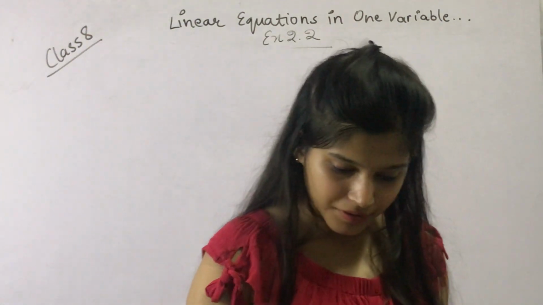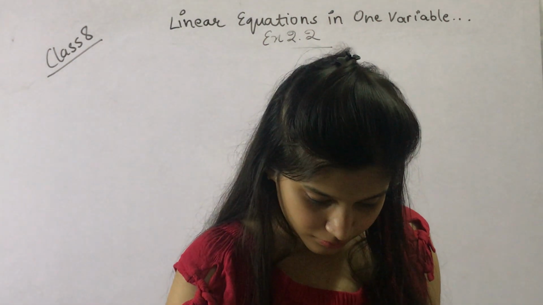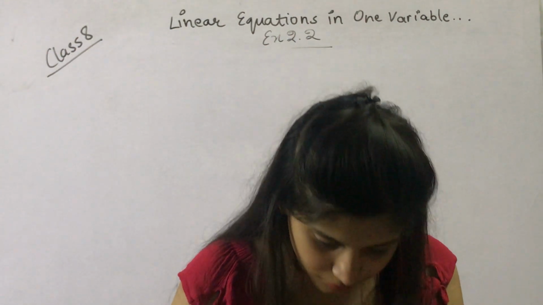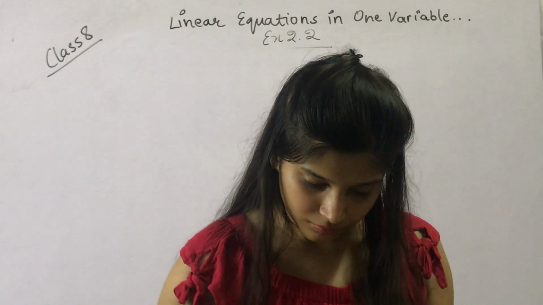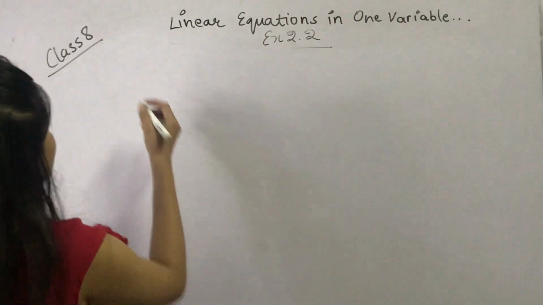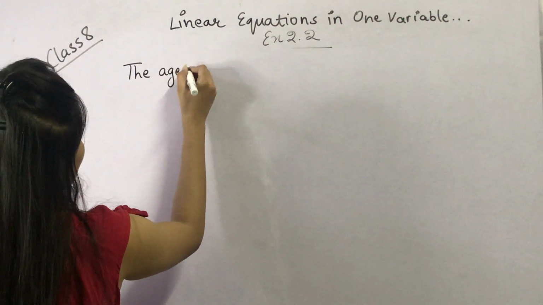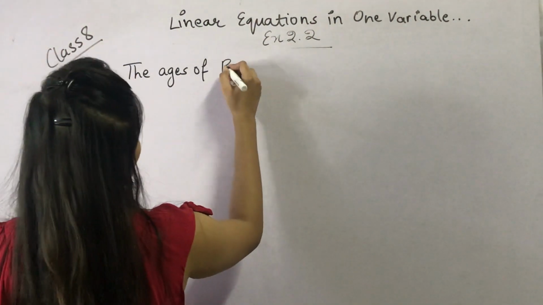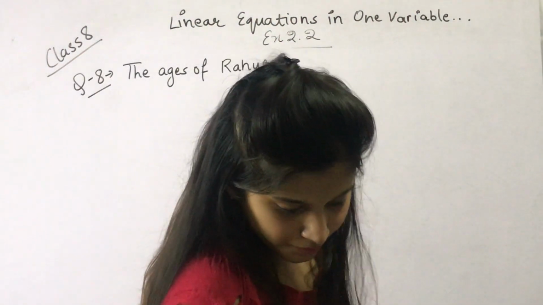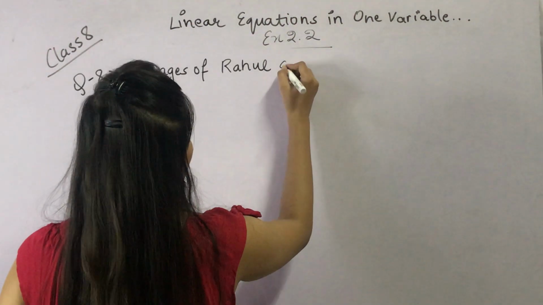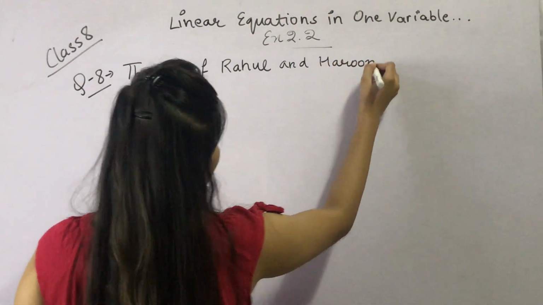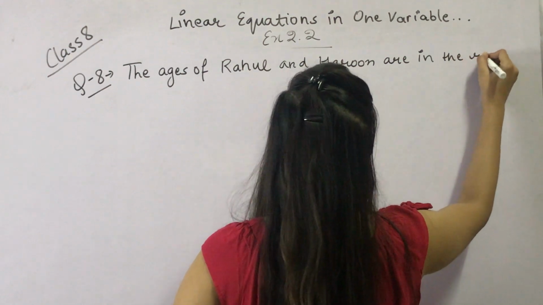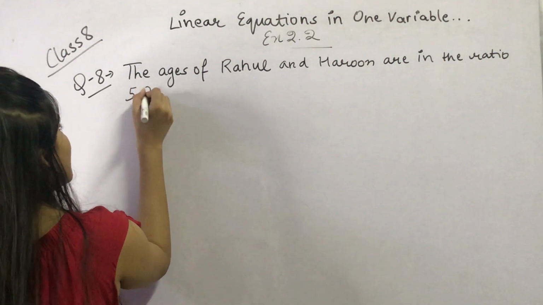Now children, question number 8. The ages of Rahul and Haroon are in the ratio 5:7.